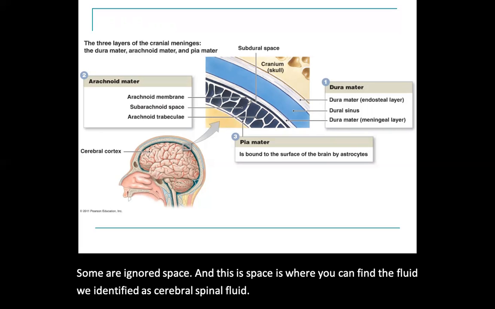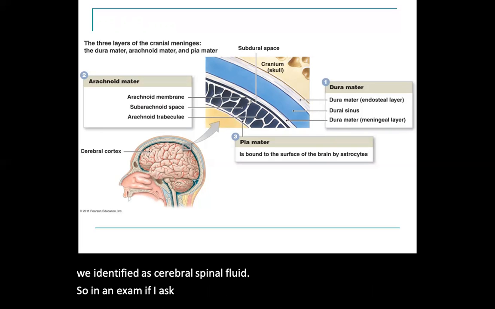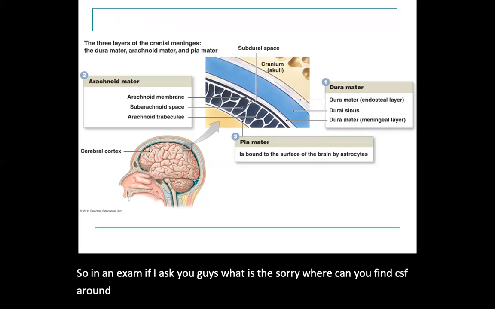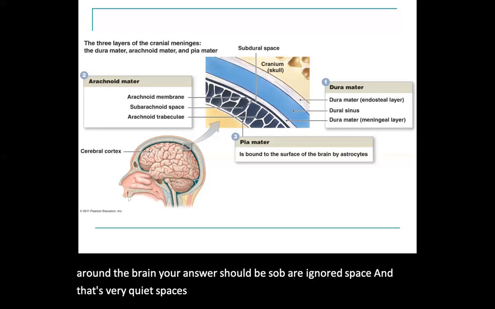So in an exam, if I ask you guys, where can you find CSF around the brain, your answer should be subarachnoid space. And that subarachnoid space is between, again, your arachnoid and your pia mater.